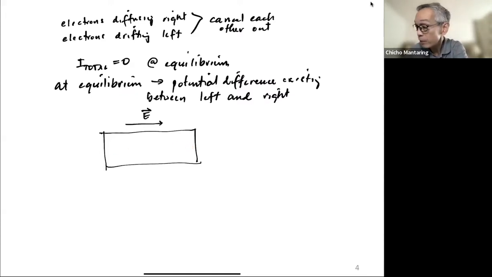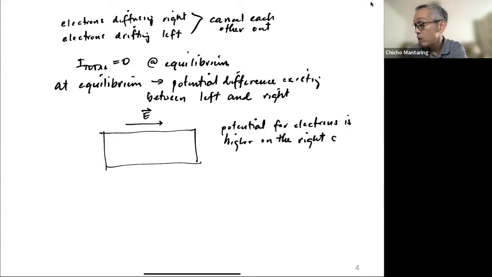So the potential energy for electrons is higher on the right side than the left side.